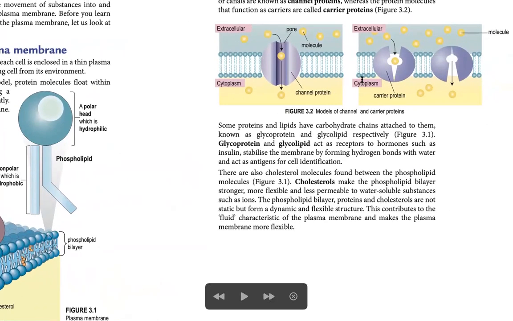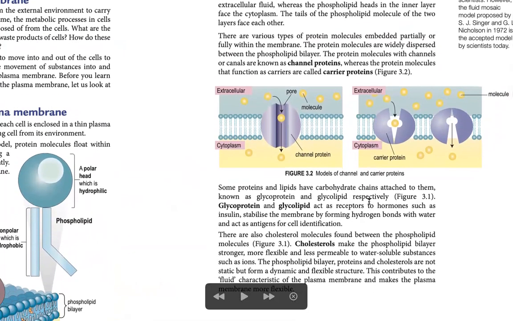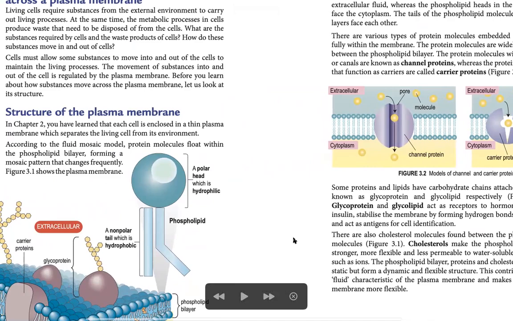So just now we have studied the function of channel protein and carrier protein. So channel and carrier protein ni fungsinya is to allow substance ataupun molecule to get into the cell or get out from the cell. Okay, how about glycoprotein? Ni glycoprotein ni. Apa fungsi dia?